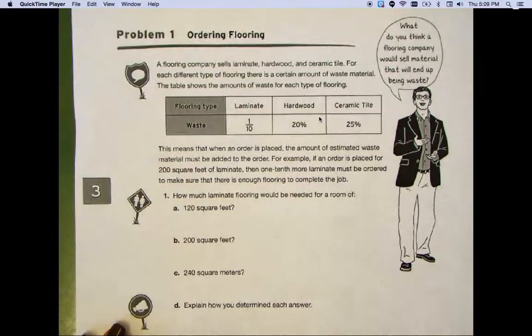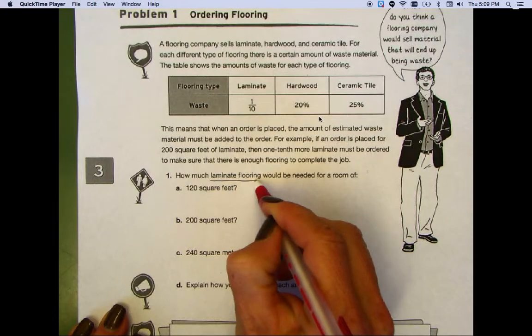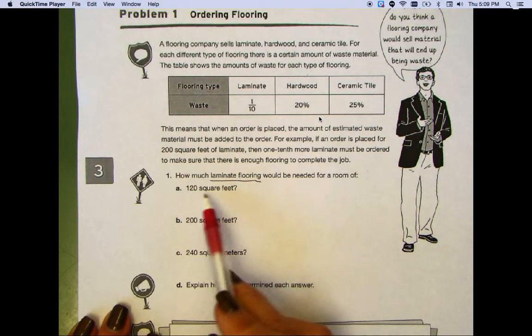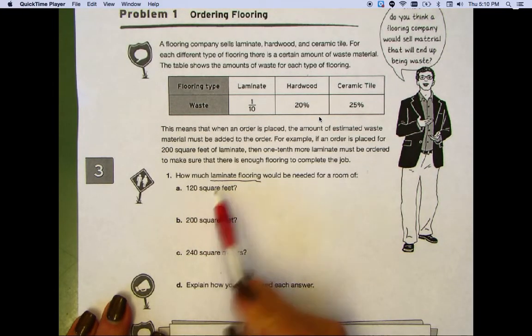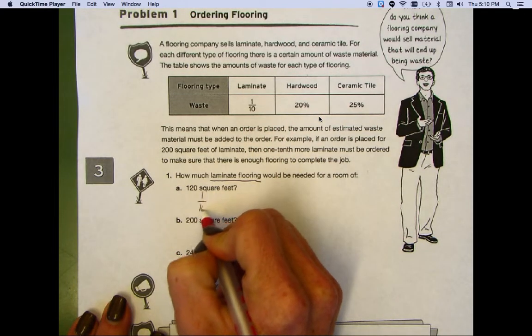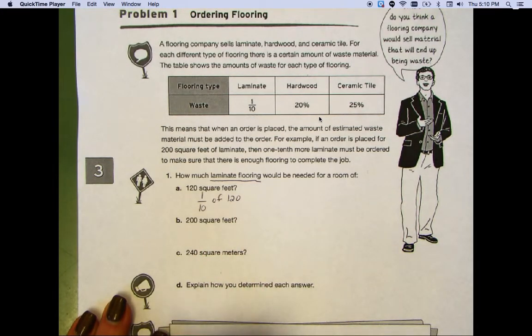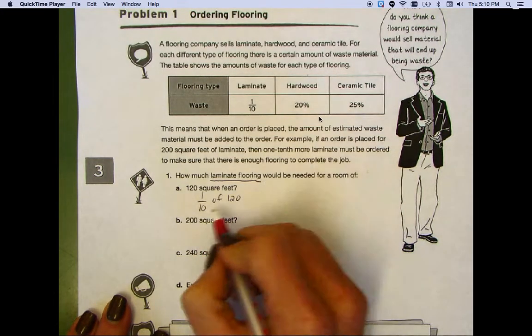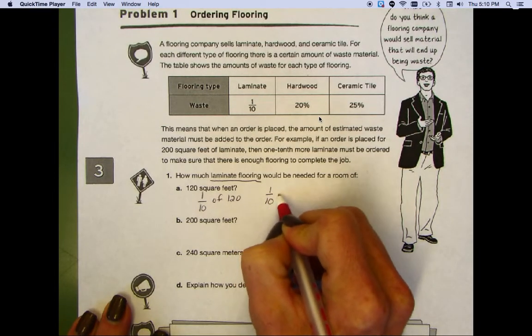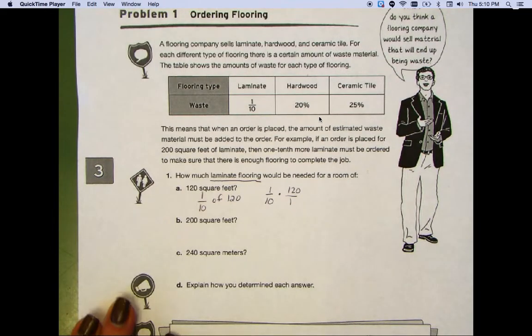So now I'm going to try to figure this out with some numbers. How much laminate flooring would be needed for a room of 120 square feet? I need to order an extra 1/10, so 1/10 of 120. When you see "of" in math, that indicates multiplication. So I have 1/10 times 120, and I'm going to make that look like a fraction.